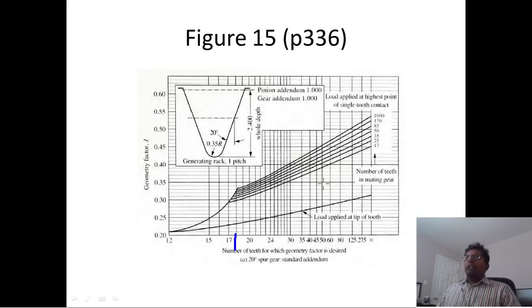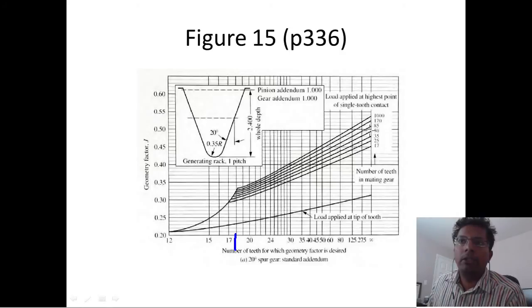And then the number of teeth in the matching gear. Sorry, we're going to pick the number of teeth in the matching gear, which was 68. So we're going to pick 68 here. This is 50 and this is 85.